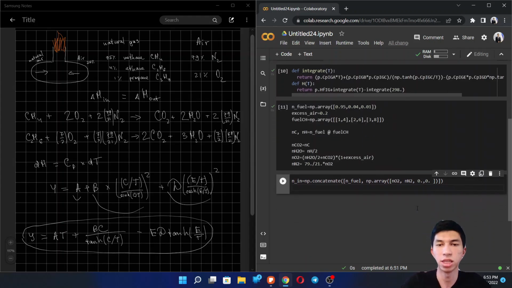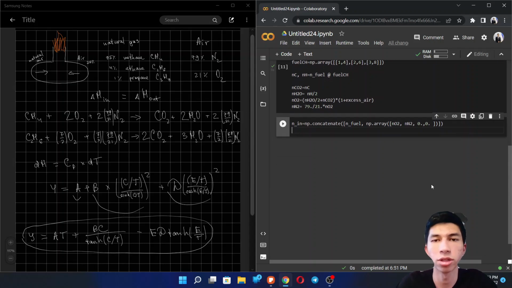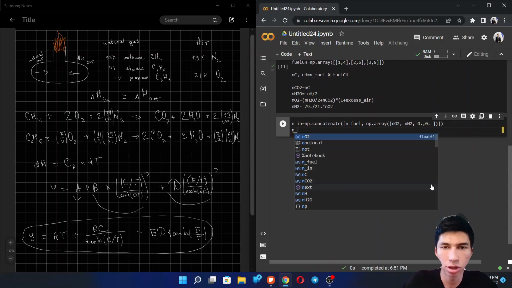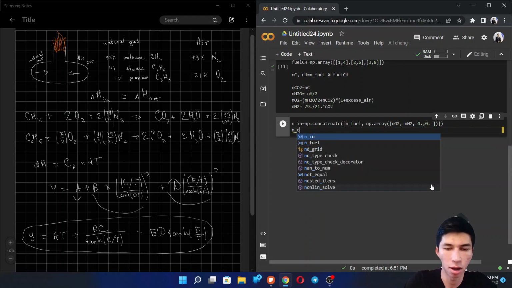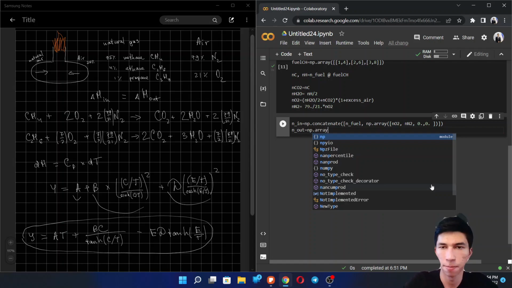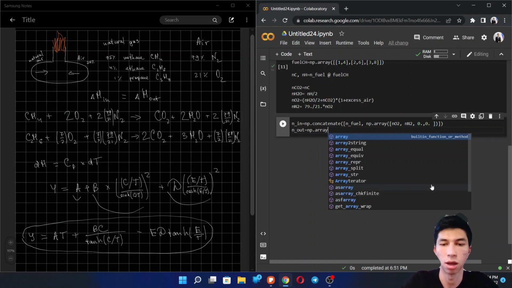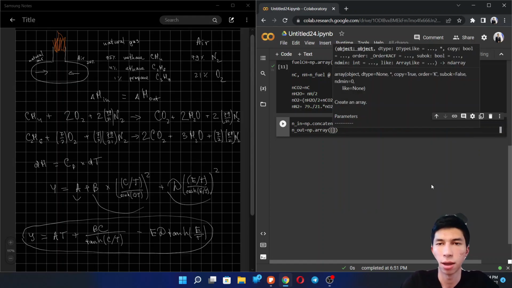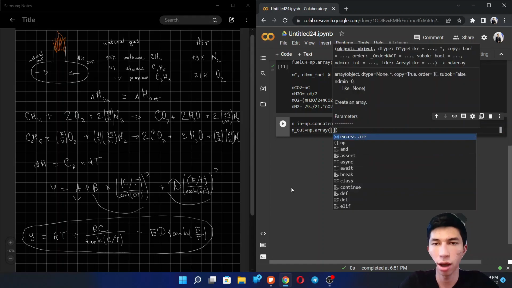Okay, now this is the moles, all the moles that are going in, and now we should have another array for the amount of compounds that are leaving our burner. So we're gonna create an array. We don't have to do the array addition.